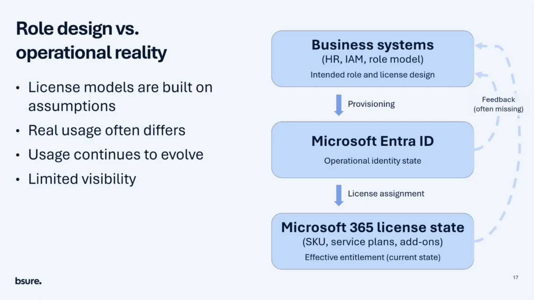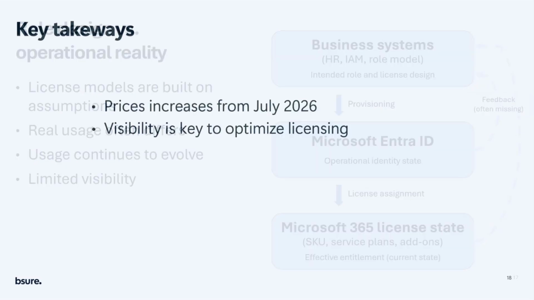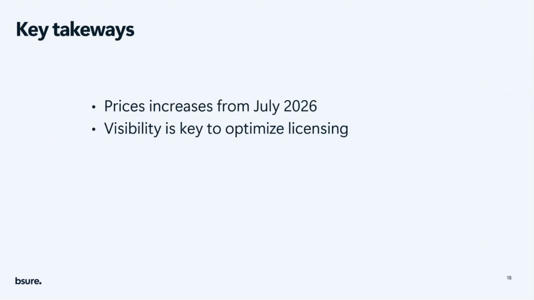So the feedback loop from what's actually there to adjust the processes in the business system is often missing. Key takeaway: prices increase from July. Visibility is key to optimize your licensing.